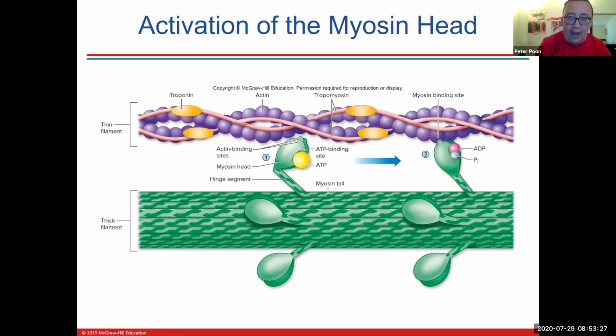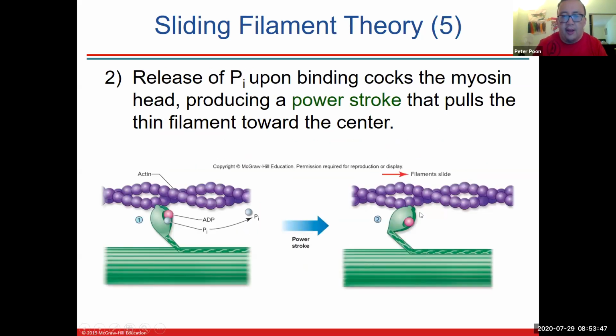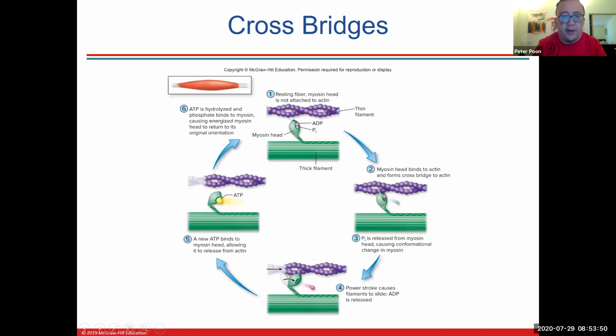The myosin head grabs onto the ATP, the ATP splits, which releases the energy, and that causes the muscle contraction. Then you need to put a new ATP on for it to fall off and pull. So all the way through, it keeps using ATP.